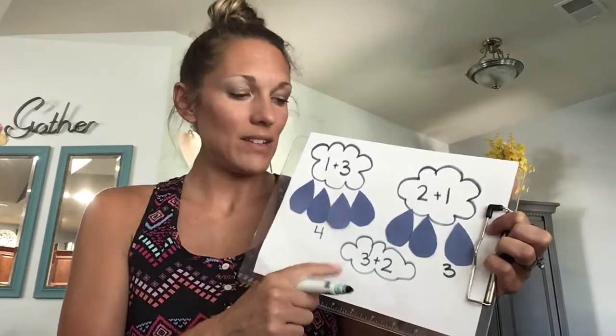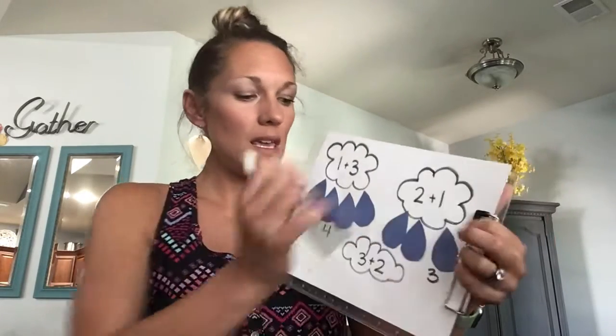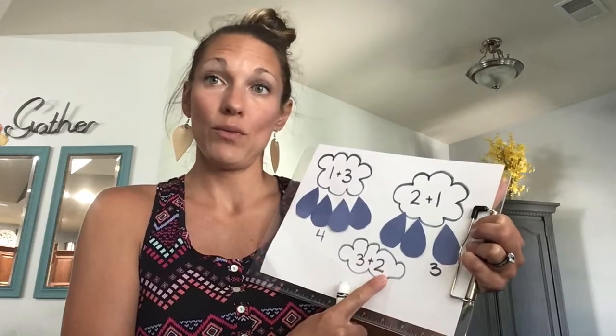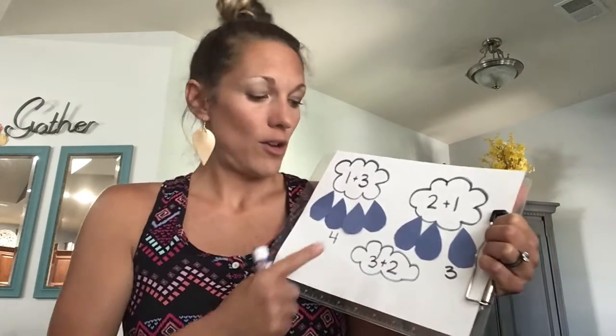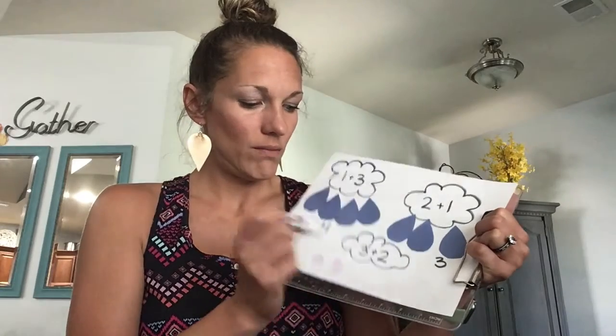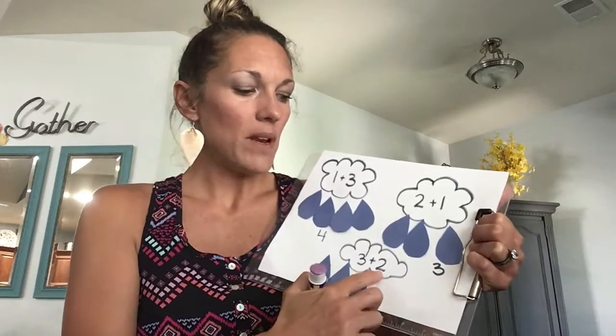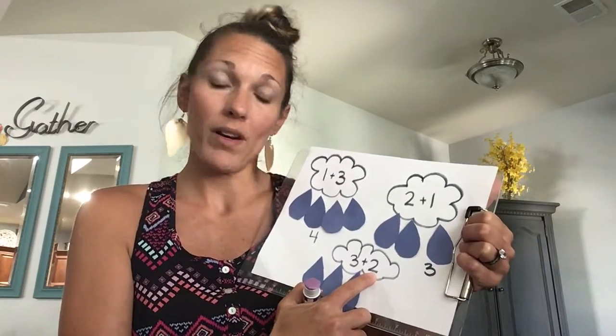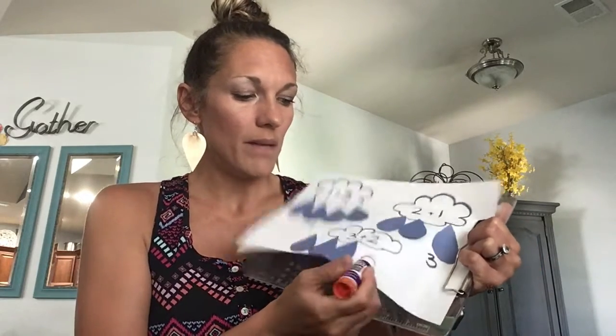All right, our last cloud down here says 3 plus 2. So this time I'm going to put 3 dots first. 1, 2, 3. My paper's sticking to my glue stick. 1, 2, 3. And now we need to have 2 more. So I'm going to put 2 more dots. 1, 2.